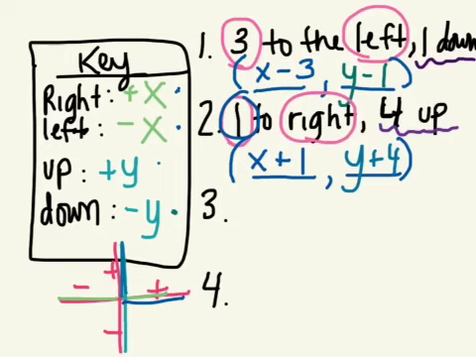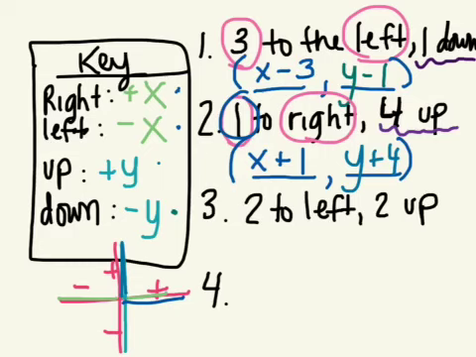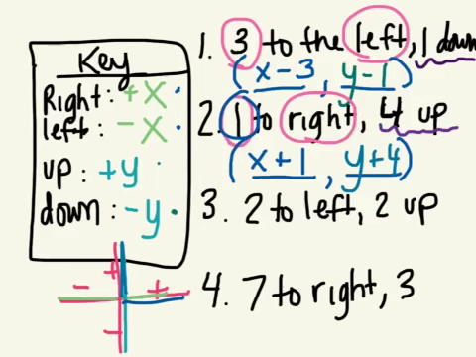Alright, 2 more. 2 to the left, 2 up, and 7 to the right, 3 up.